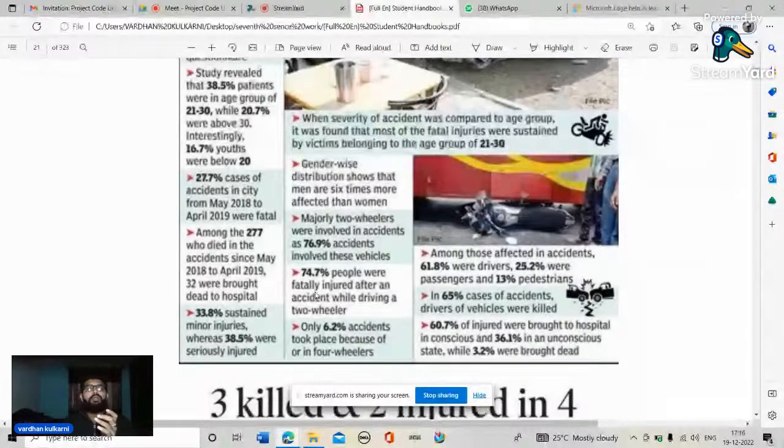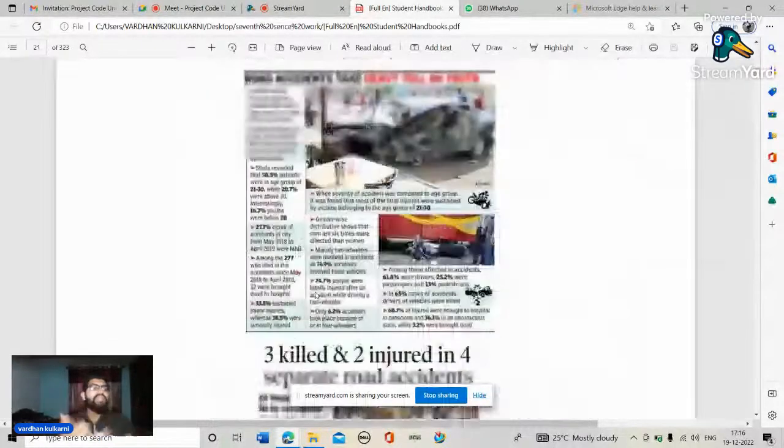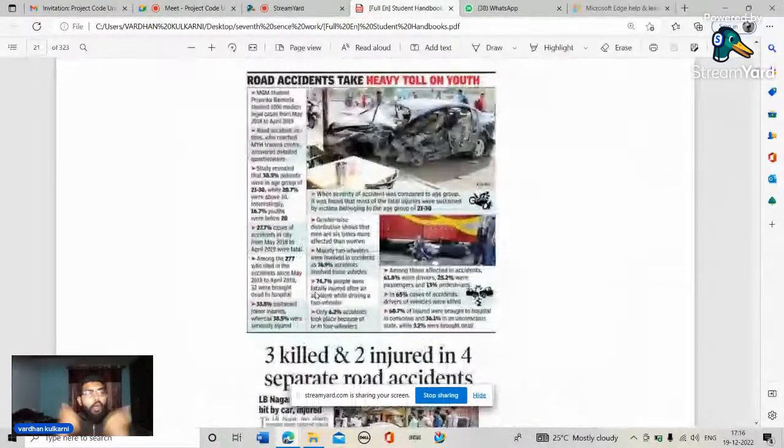What has changed is that people who are below age think that riding super fast is heroic. That has changed the mindset of the youth, and this has also had an impact in creating road accidents in society.